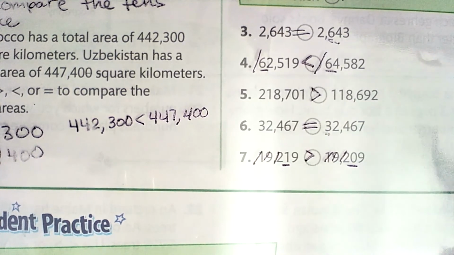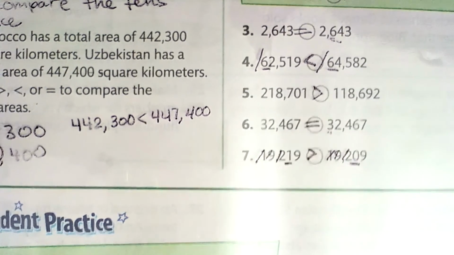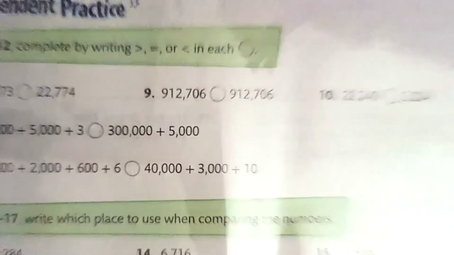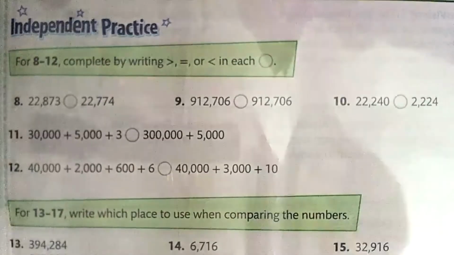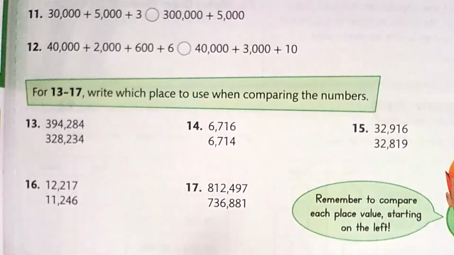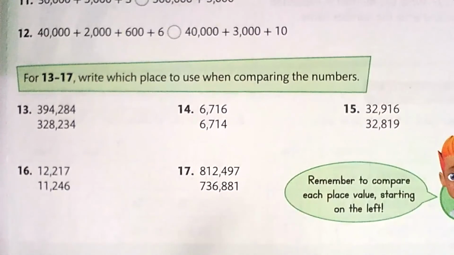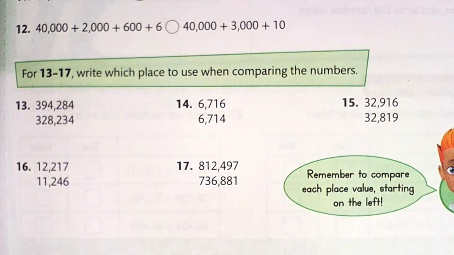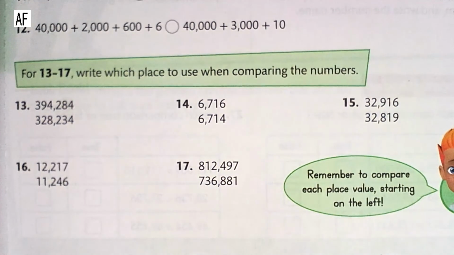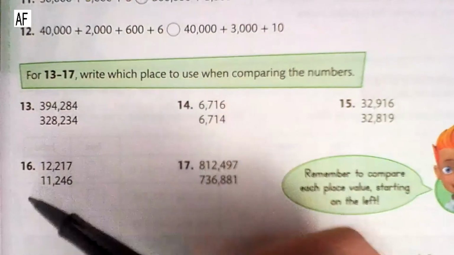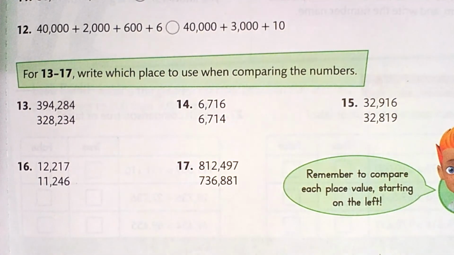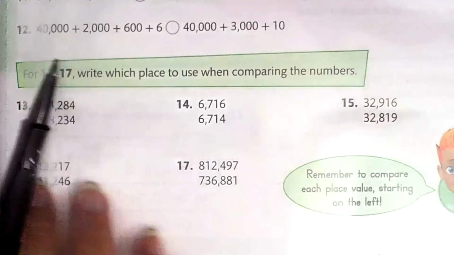Now, as you work your way down into your independent practice, you'll have several questions that are asking you the same thing. You're just working on comparisons. Towards the bottom, it's asking you to write which place value or write which place you use when comparing the numbers. So over here, you're going to be doing what we were doing on top. Mark off the ones that are the same, and then tell me which ones you're going to compare at.